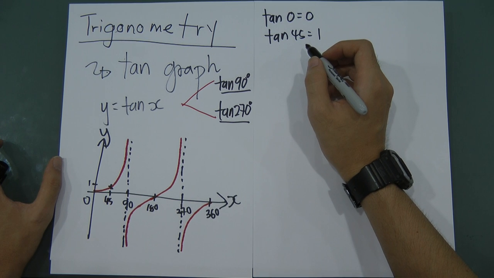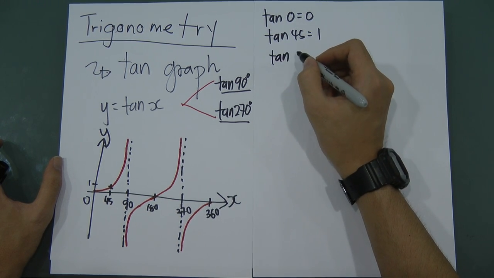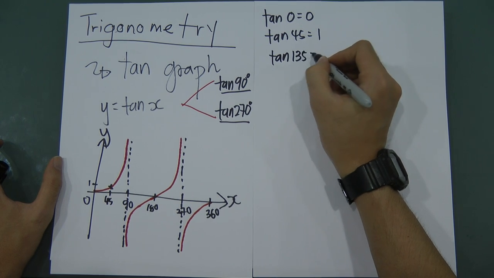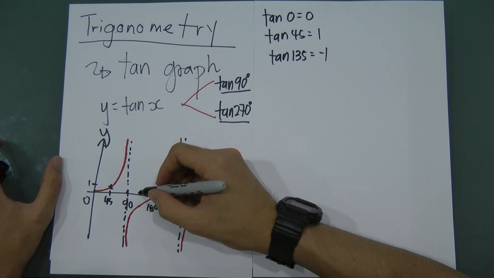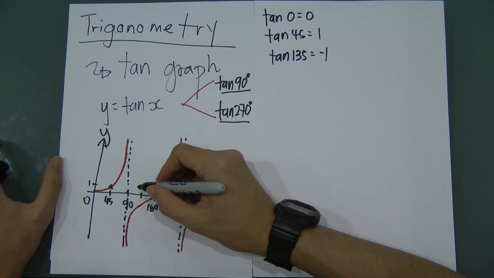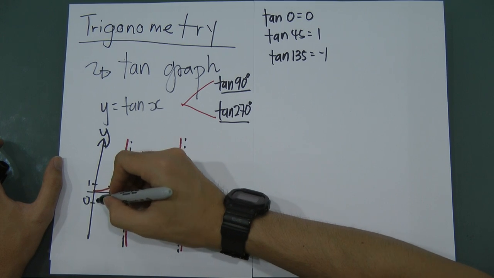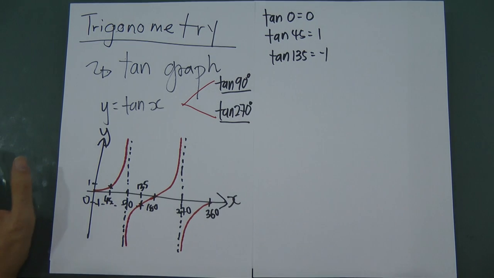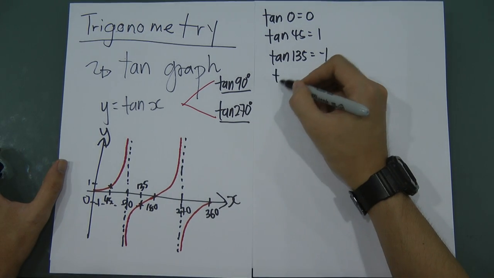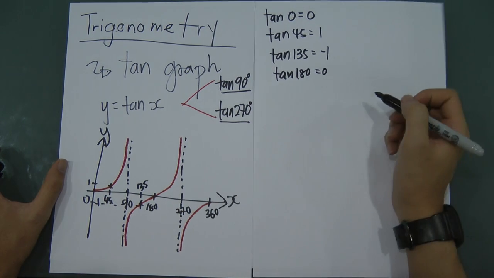And then of course, in the second quadrant, tangent 135 is equal to -1. So if you want to draw, maybe here is 135, and then this one is -1, so you got somewhere over here, this is -1. And then tangent 180 is equal to 0, so I will go 0.